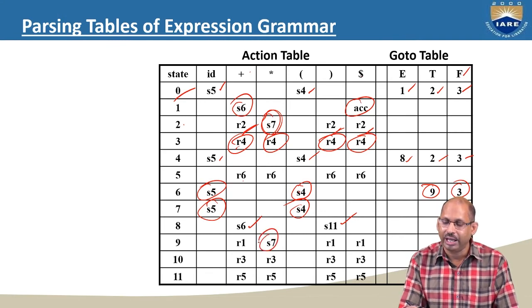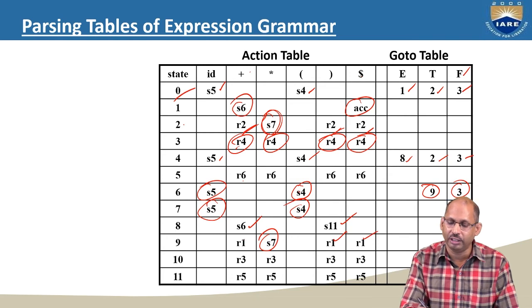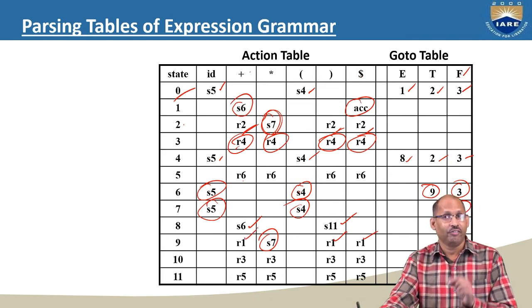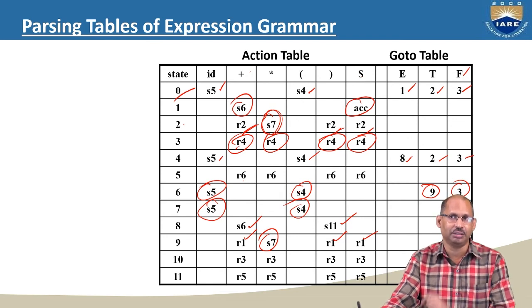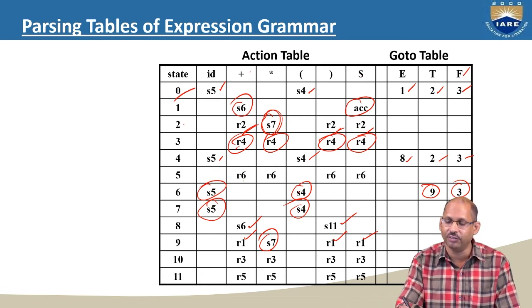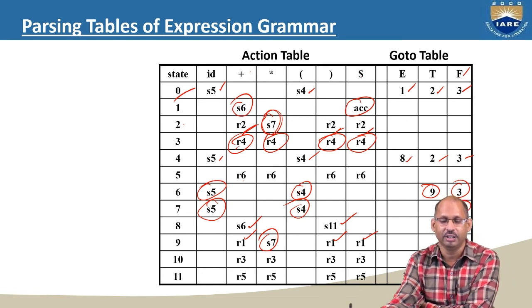For dot at the end of a production, we consider the follow of the variable, and in those follow terminal symbols we write the reduce operations.